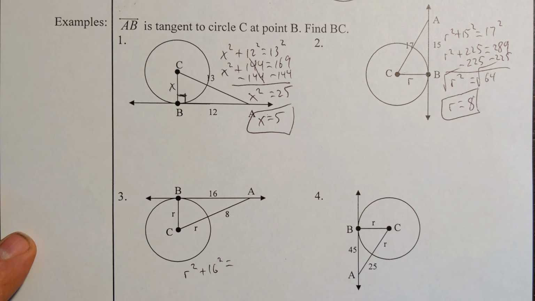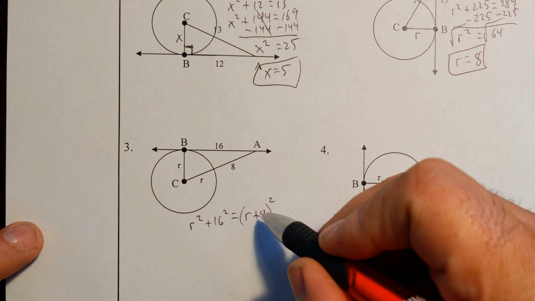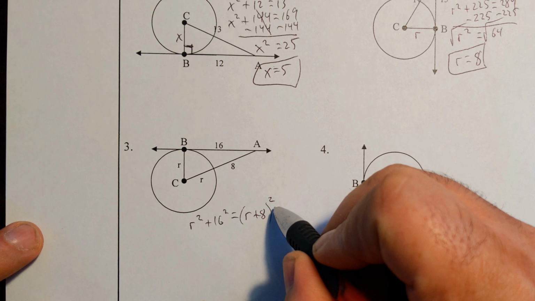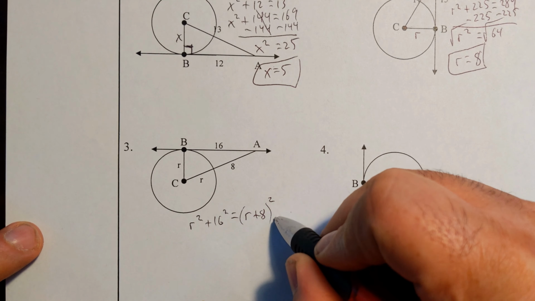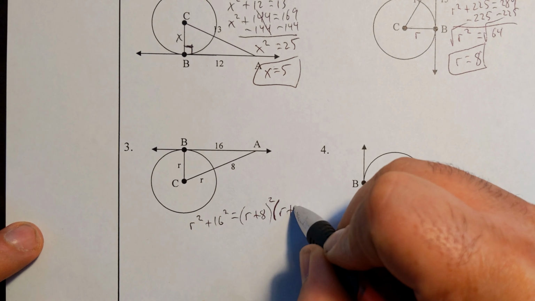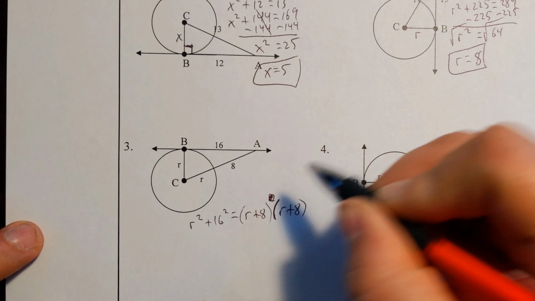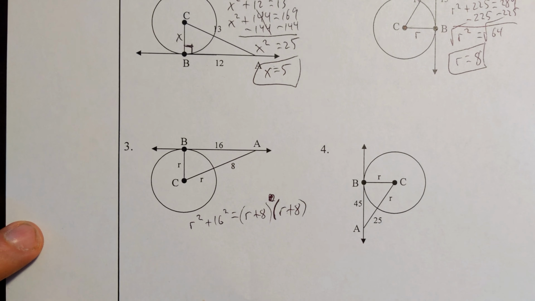This goes into Algebra 1. In Algebra 1, we had to do r plus 8 times another r plus 8. And then you have to distribute and combine like terms. So over here on the left side, r squared stays r squared. 16 squared is 256.